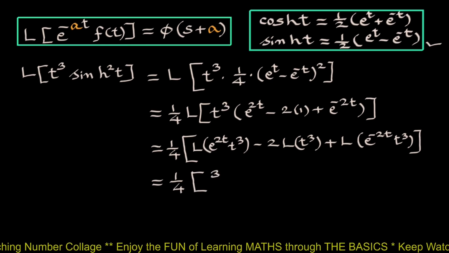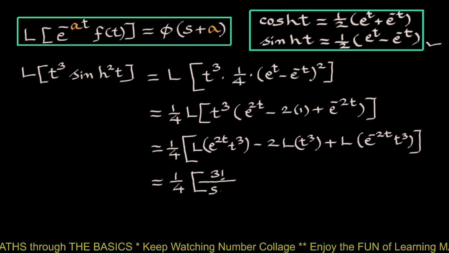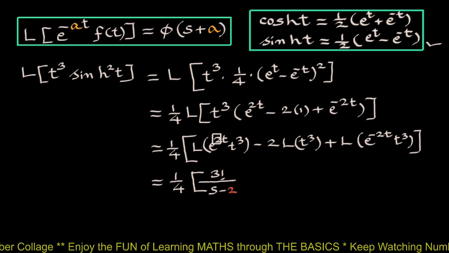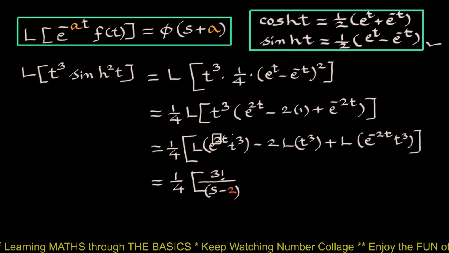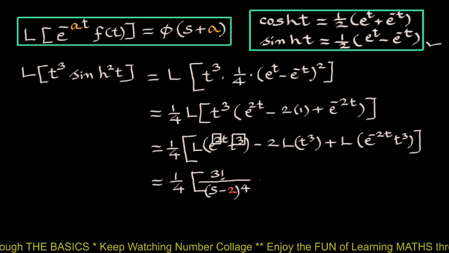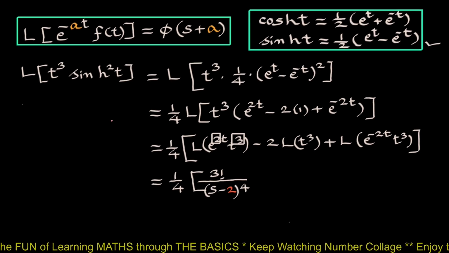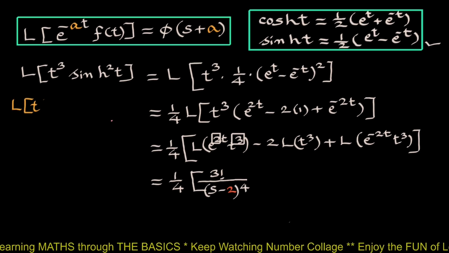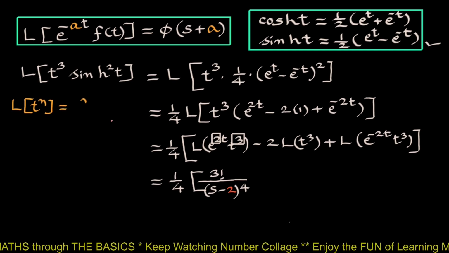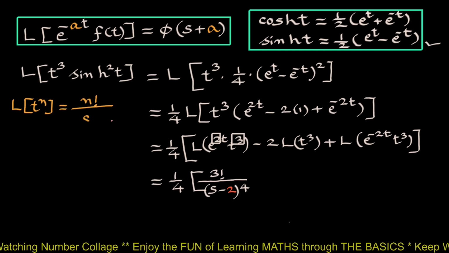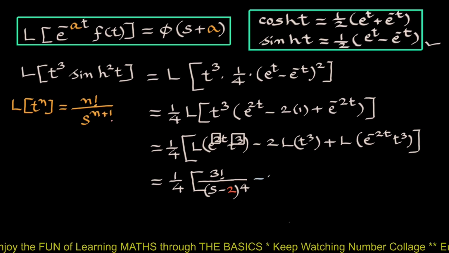This is 3 factorial upon (s minus this 2) whole raised to this 3 plus 1, which is 4, according to the formula Laplace transform of t raised to n is n factorial upon s raised to n plus 1, minus 2.